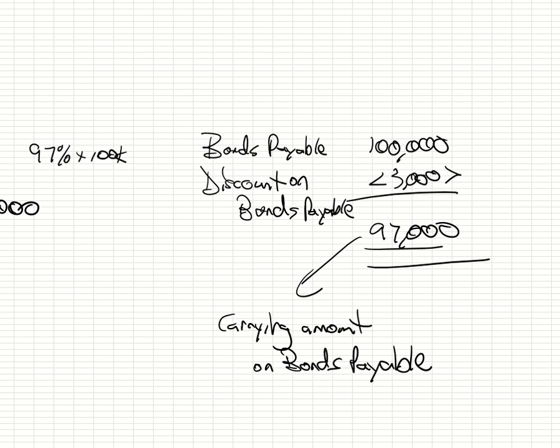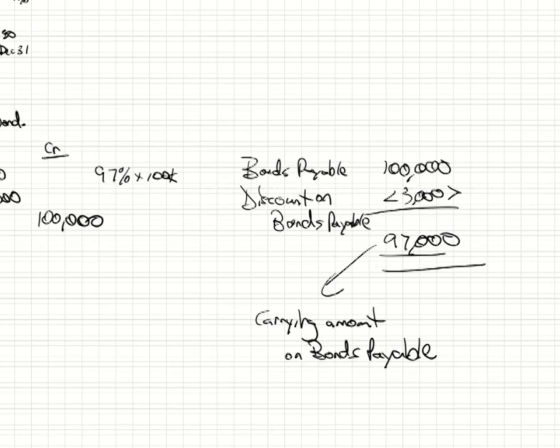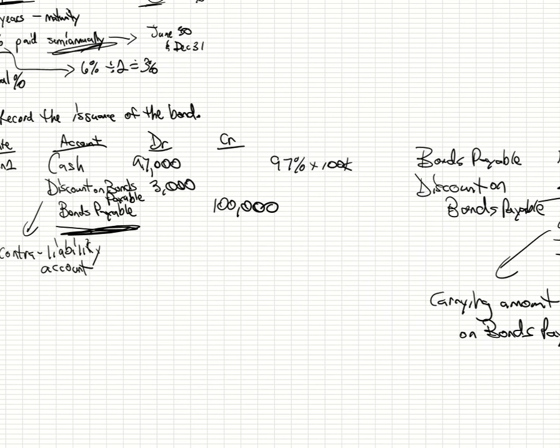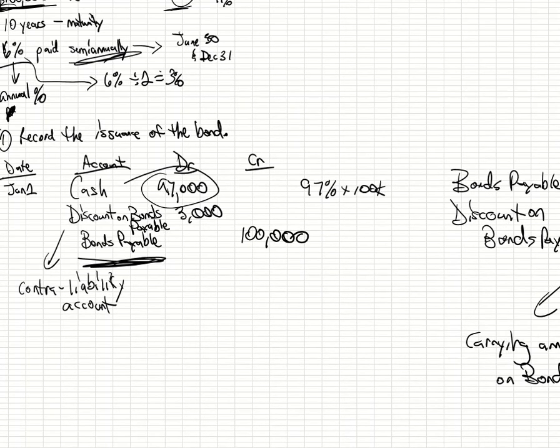So that carrying amount of 97,000, which is the net amount, matches the cash amount of 97,000 that was received.